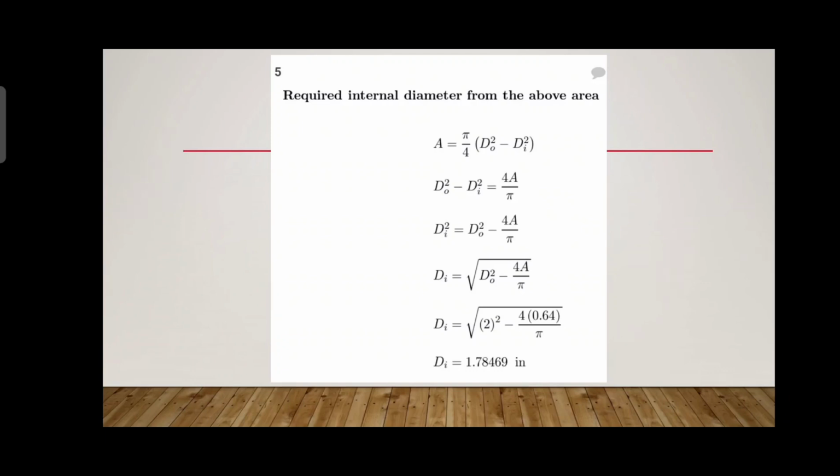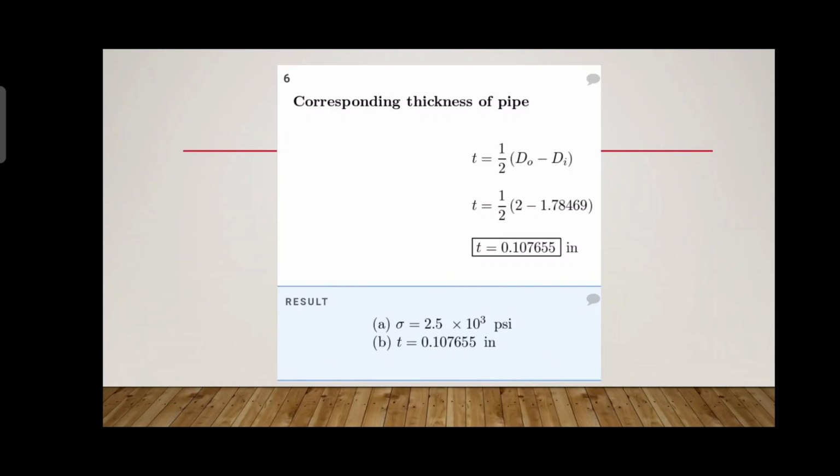And DI equals square root of DO squared minus 4A over pi. DI equals square root of 2 squared minus 4 times 0.64 over pi. And DI equals 1.78469 inches.